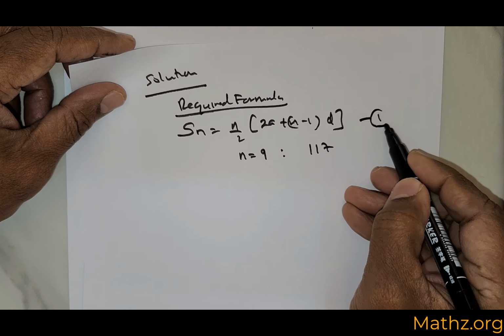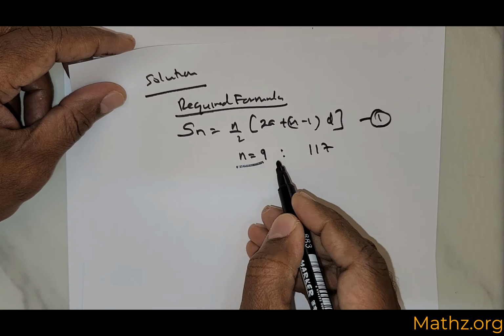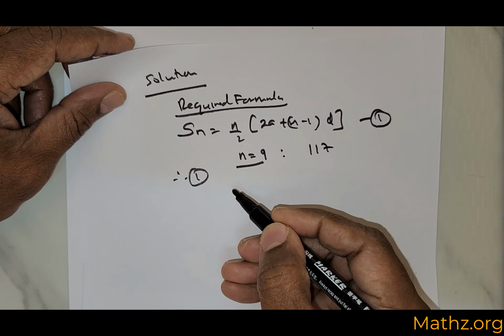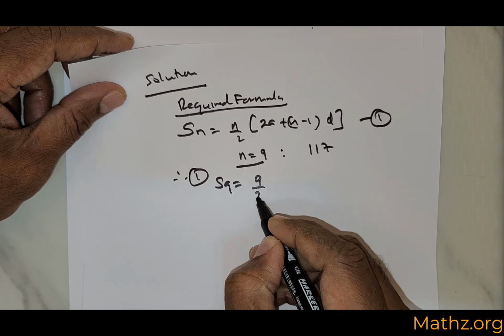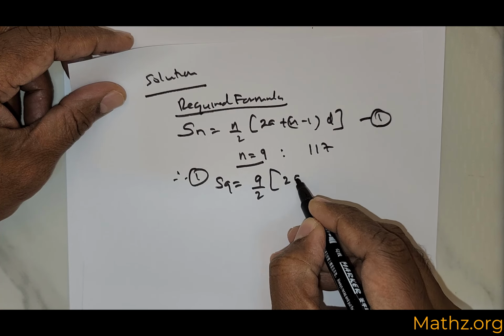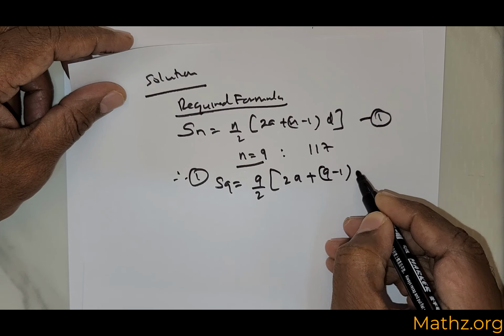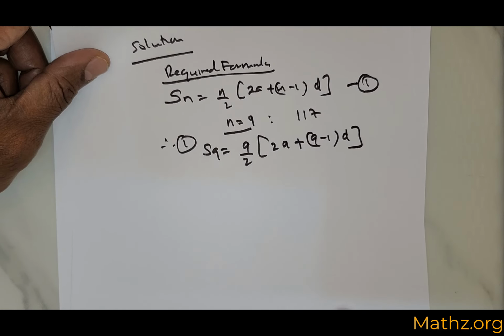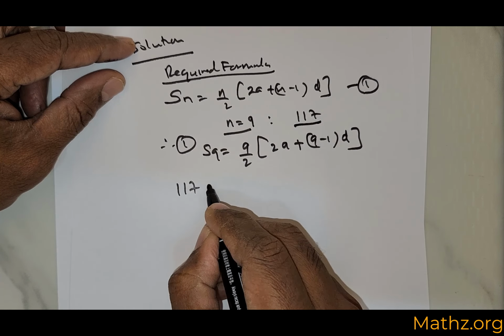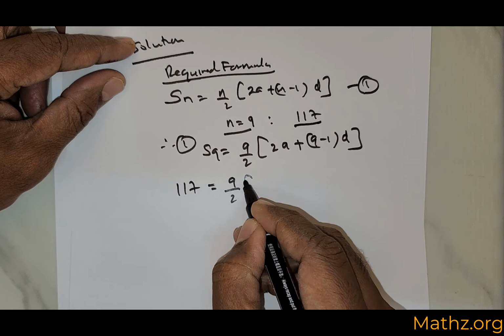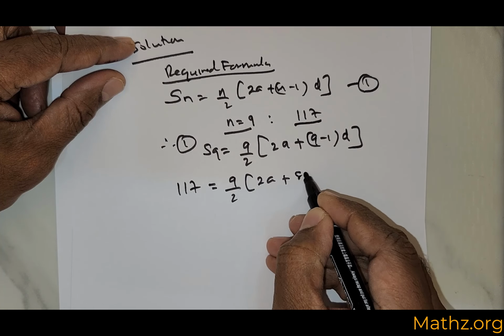So if I take this as equation 1, you substitute n is equal to 9, and it can be rewritten as S9 is equal to 9 over 2 times (2a plus (9 minus 1) times d). Now this can be rewritten with the value 117 is equal to 9 over 2 times (2a plus 8 times d).